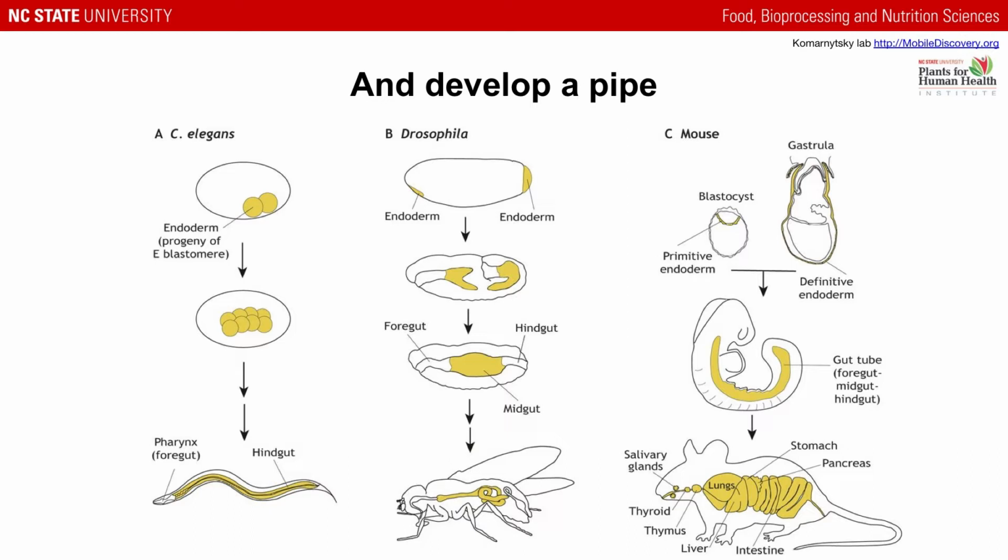You can see it in a worm, in a Drosophila, in a mouse here. And if you pay attention, all these organs that we think are so different, and that look completely unlike each other, form from exactly the same tissue that started them, right? We are talking about salivary gland, your thyroid, your thymus, your liver, lungs, intestine, stomach, pancreas. You see this little pipe that goes through our bodies?